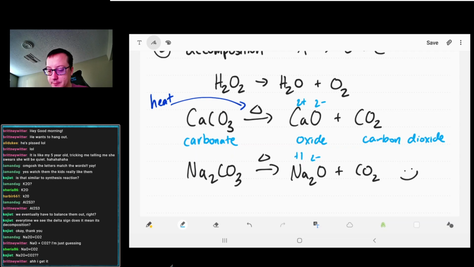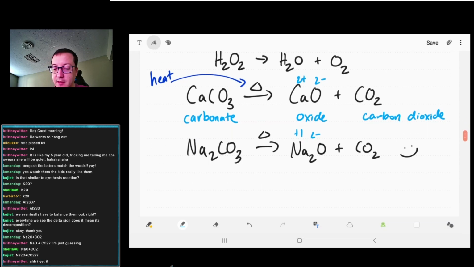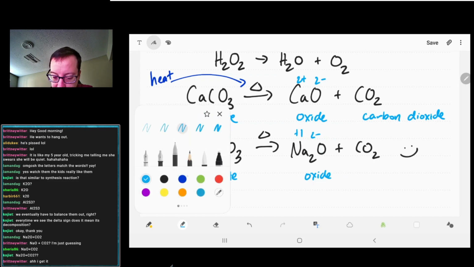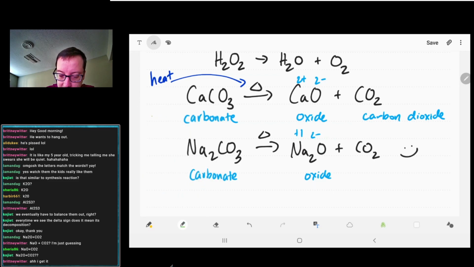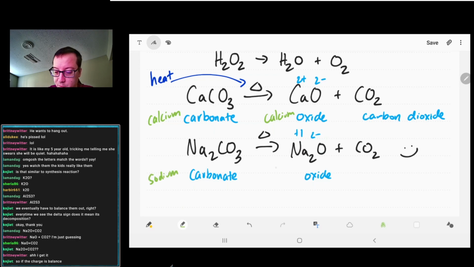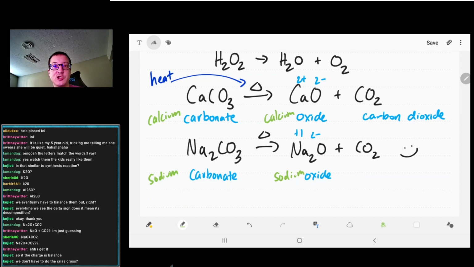Yep, awesome. Alrighty, so same thing here. We had some sort of carbonate, and we have formed some oxide and CO2. Notice here it was calcium carbonate, and therefore we formed calcium oxide. Here we did sodium carbonate, and we formed sodium oxide. So yeah, you're always going to have charge balancing happen.